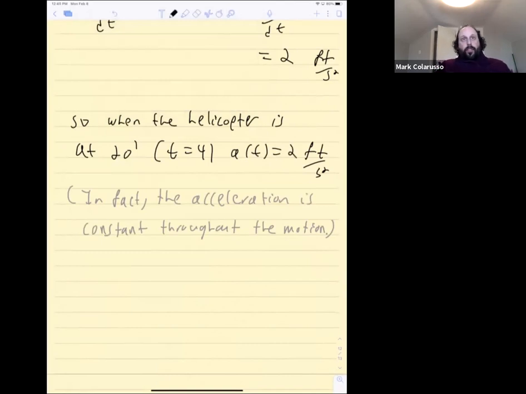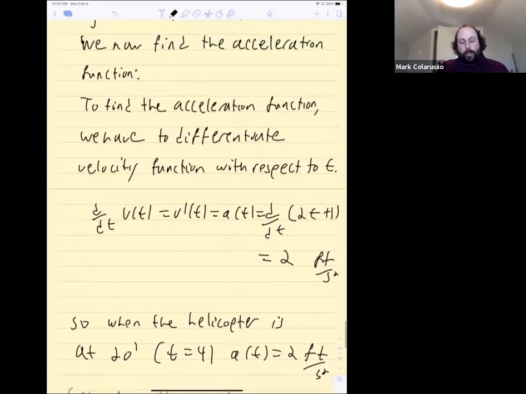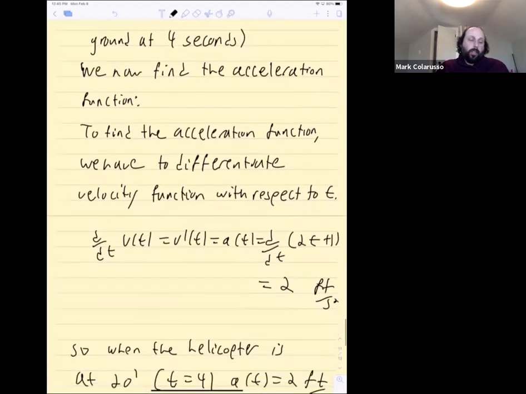So that's the kind of thing that can happen in one of these mechanical problems. Often in these mechanical problems, you'll see much of the motion as constant motion with constant acceleration.